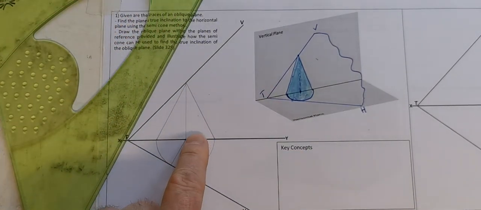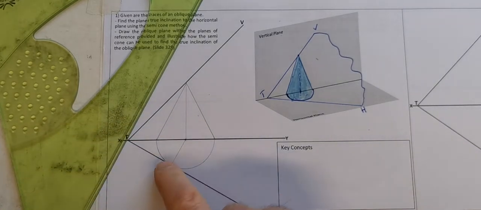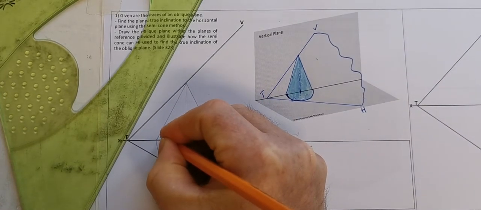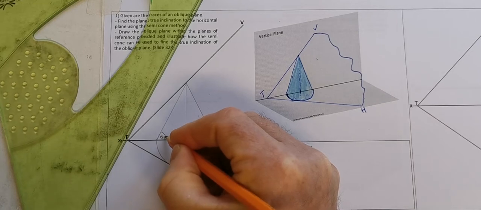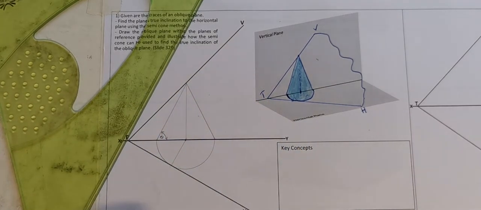I know it's confusing, but that is the front view and the top view, and they're connected onto each other. And this here, that angle there, is the true angle between the oblique plane and the ground.